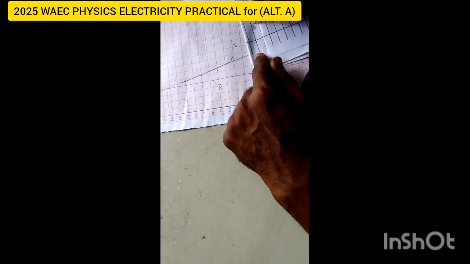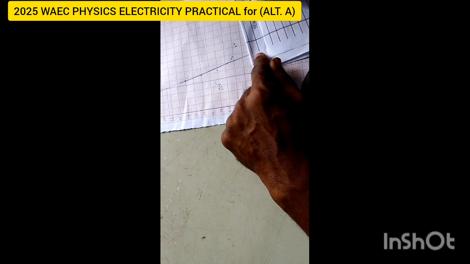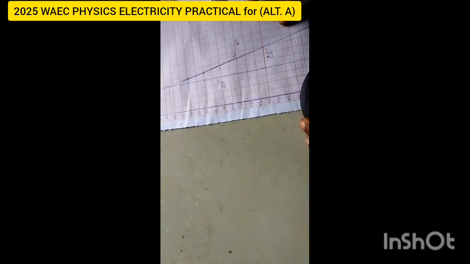So we can have here that slope, first of all, put the formula, change in what you have on the vertical axis, all over change in what you have on the horizontal axis. So which will give us, now we can read up to here. If you get what we have here, minus it to the other one.